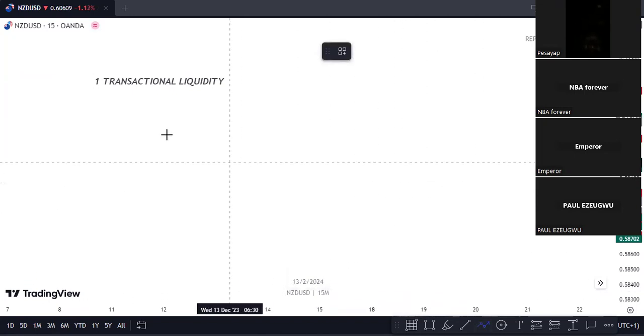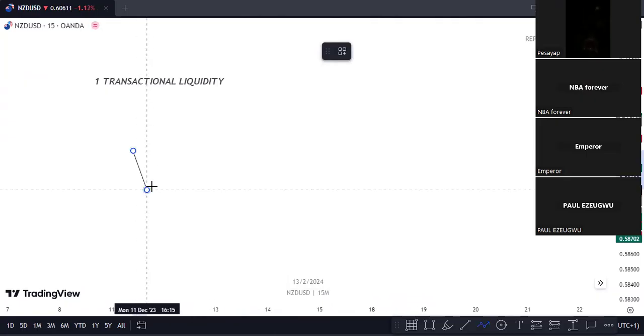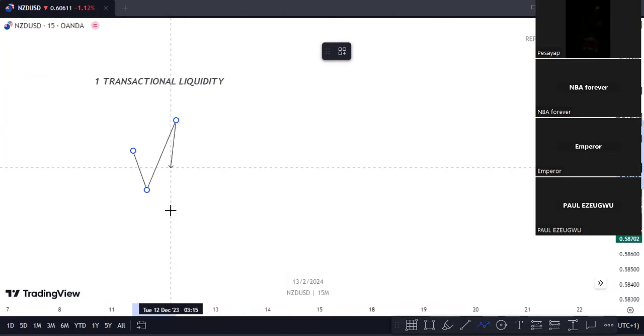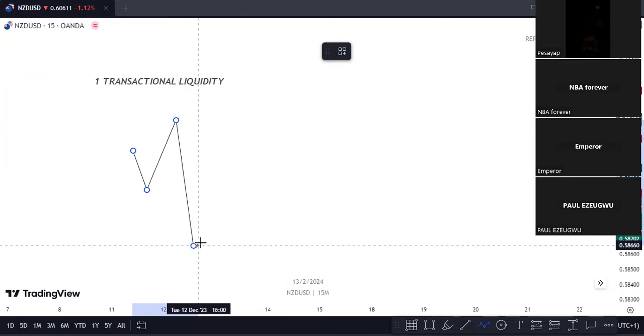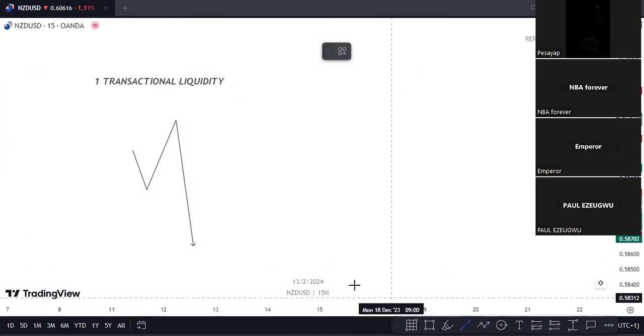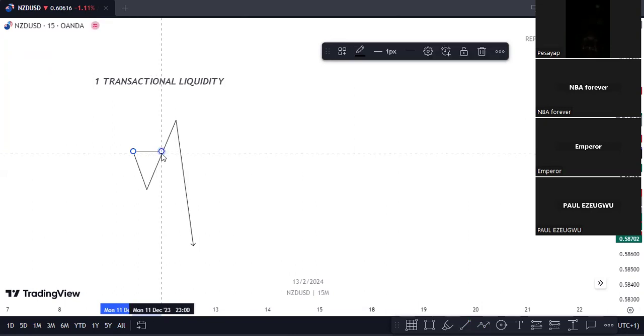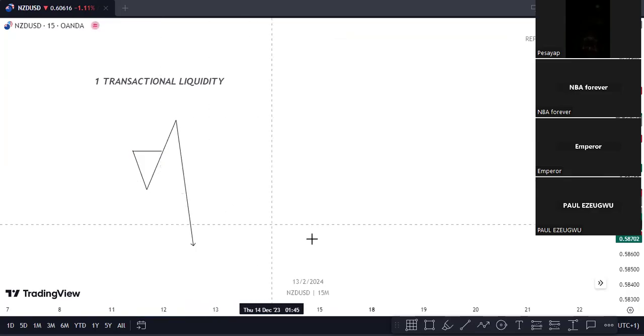So transactional liquidity is basically the Quasimodo, your QM. The QM is what is called transactional liquidity. It is the type of liquidity that occurs when we have a sweep of previous high, just for a bearish example, a sweep of previous high and break of market structure.